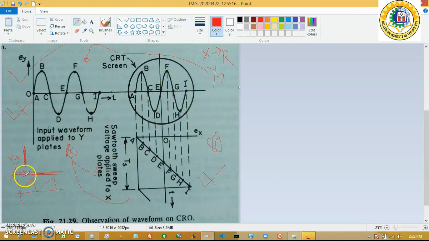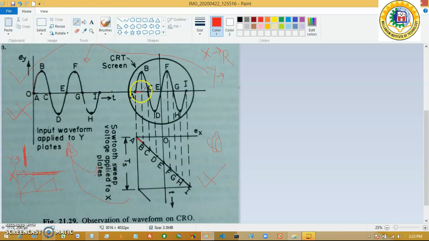I have said that X plate is responsible for moving the electron beam horizontally like that, and Y plate is responsible for moving the electron beam vertically. Now you can see that from A to B, whenever this ramp voltage is moving upwards from A to B with a positive slope, then the electron beam moves horizontally, as X plate is responsible for that. So the electron will move for this ramp voltage up to this point, and in that duration the Y plate voltage is like this.